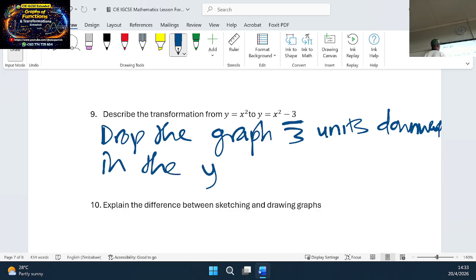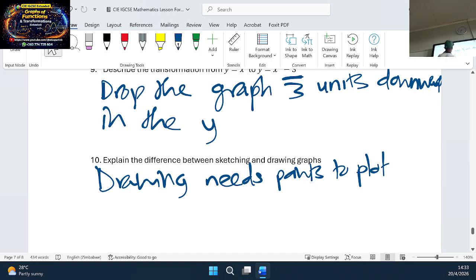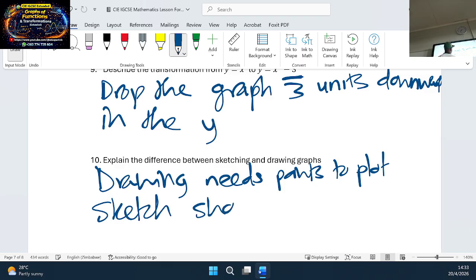Now, explain the difference between sketching and drawing. Well, drawing needs points to plot, but sketching shows special points.